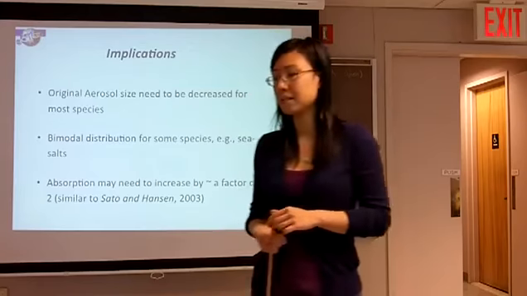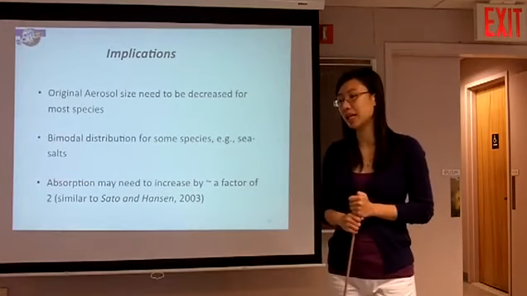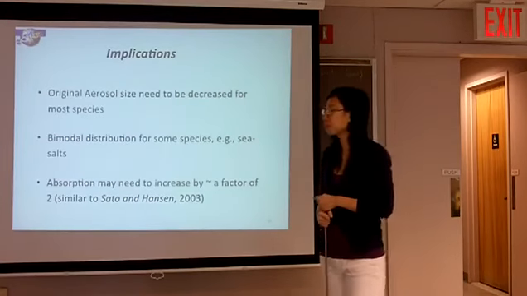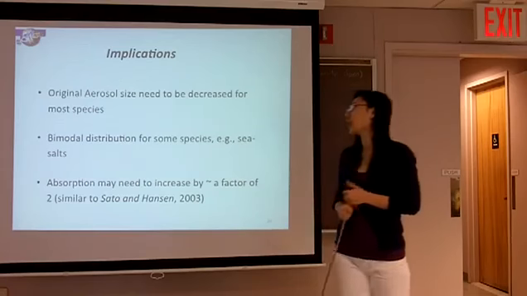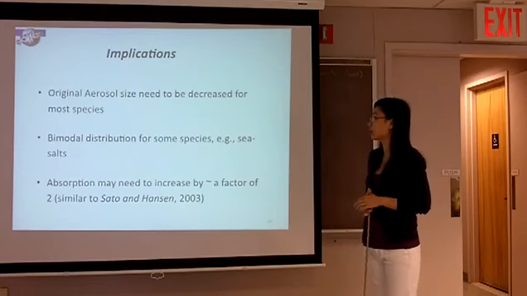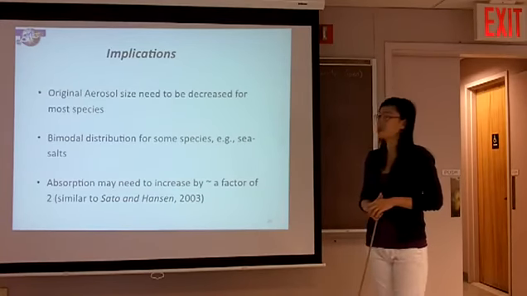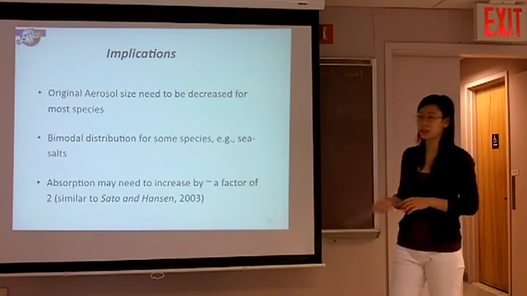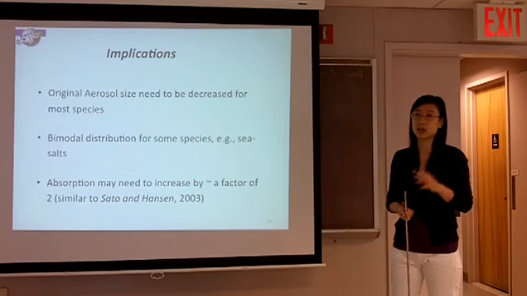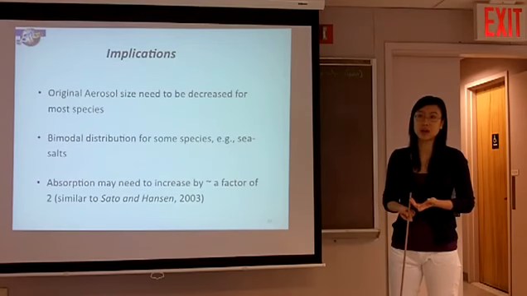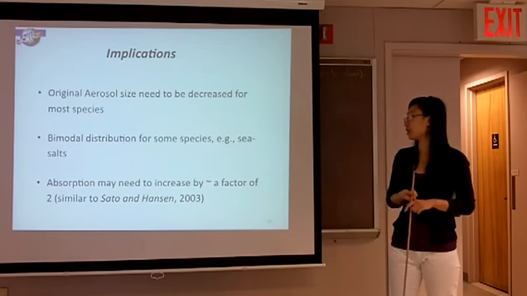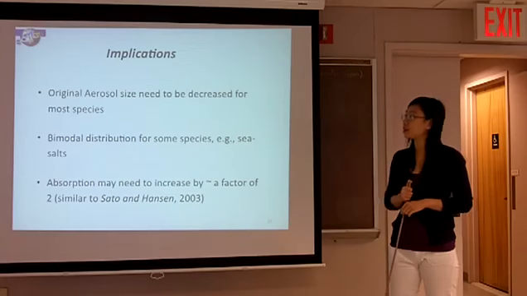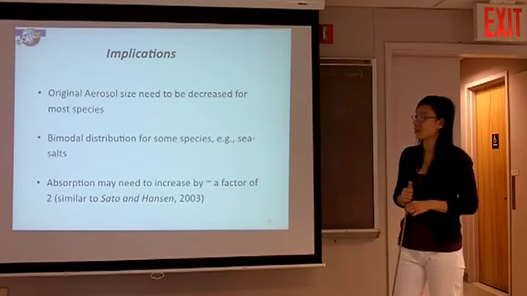Some implications from this study are that our original aerosol size needs to be decreased for most species. And for sea salts, as we've seen on that map, we have kind of a bimodal distribution. We have larger values over some of the northern hemisphere and lower values over the southern hemisphere.